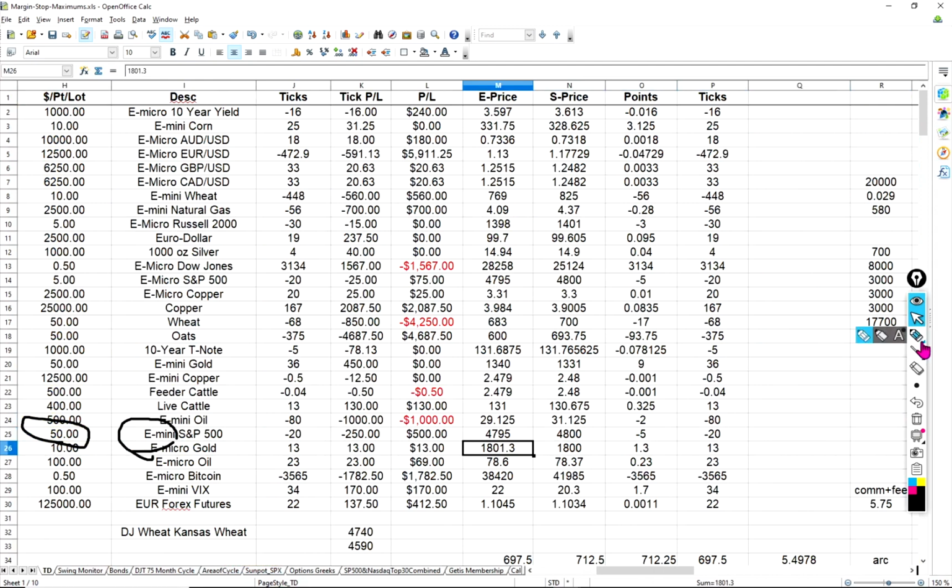I just made $500. Right there, $500 on just 2 contracts. Because the E-mini is a much bigger product, only 5 points of movement makes me a lot more money than the E-micro. Okay, so that covers account size.